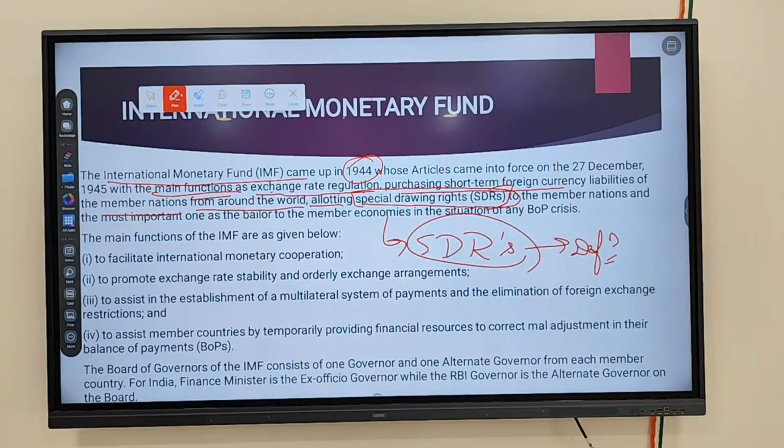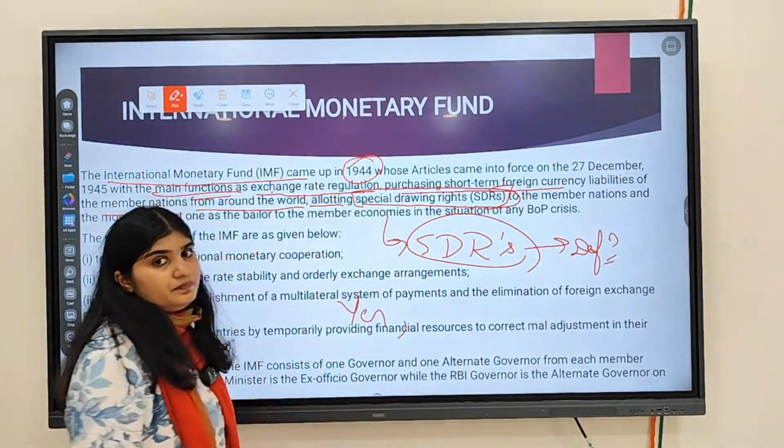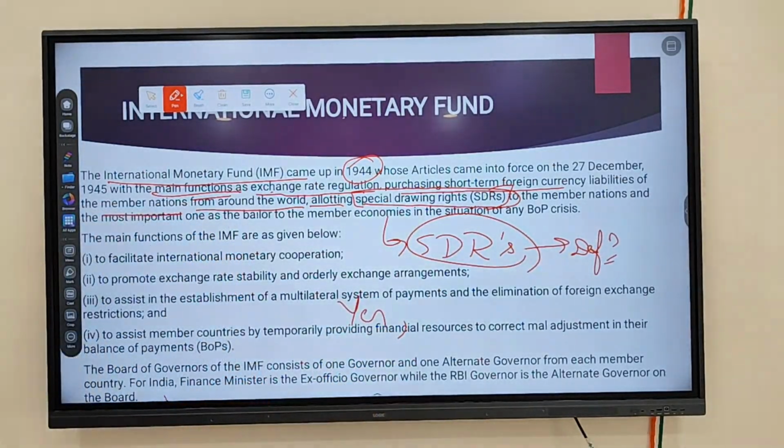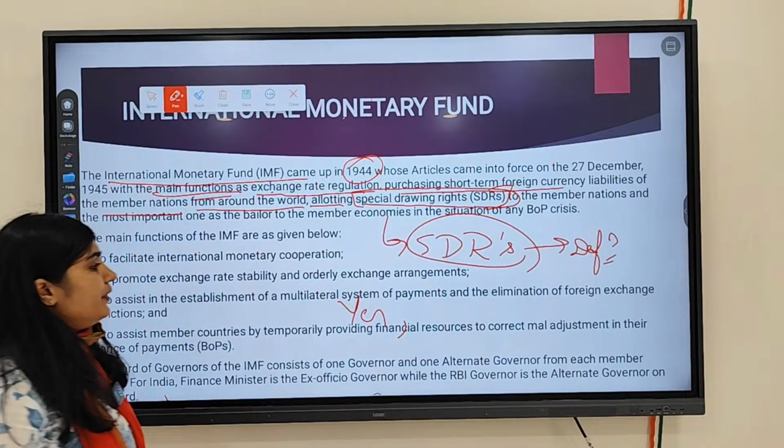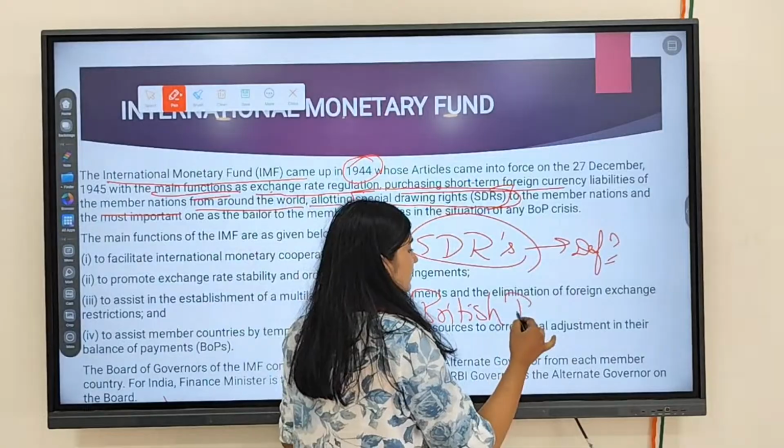Just the hyphen: US dollar, comma, euro, comma, Japanese yen, comma, British pound sterling. These are currencies, okay?